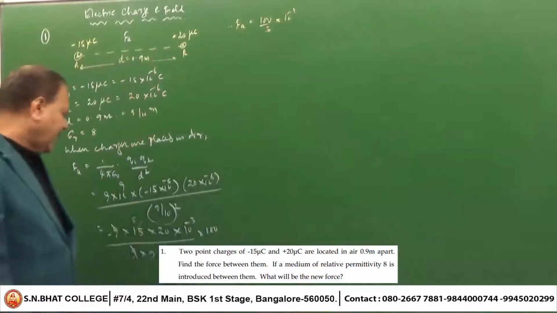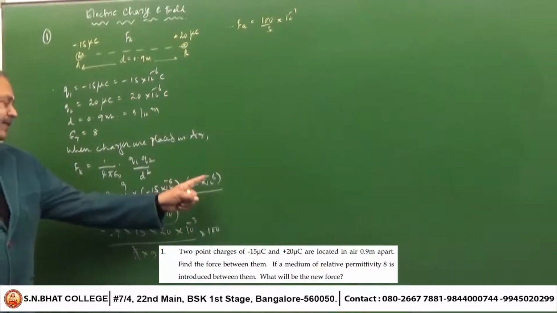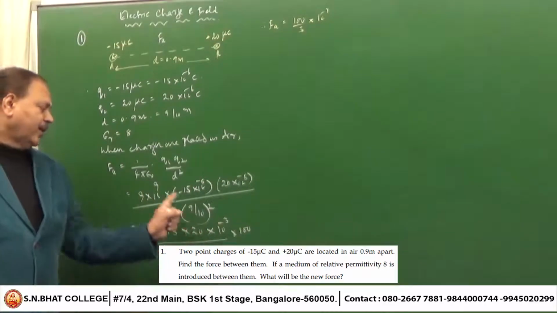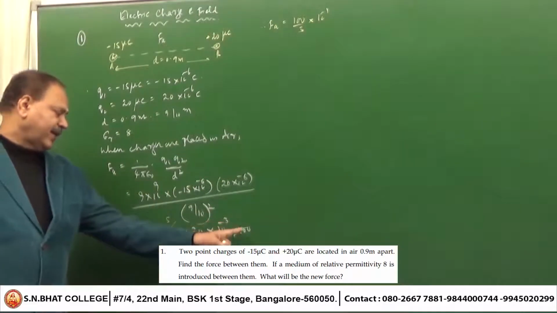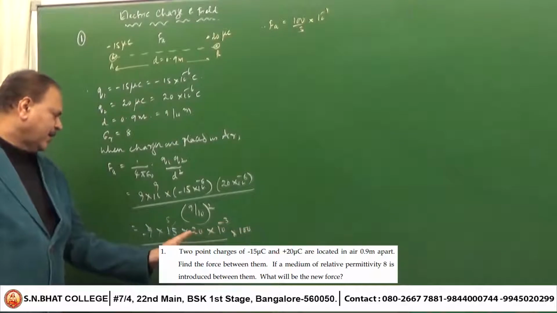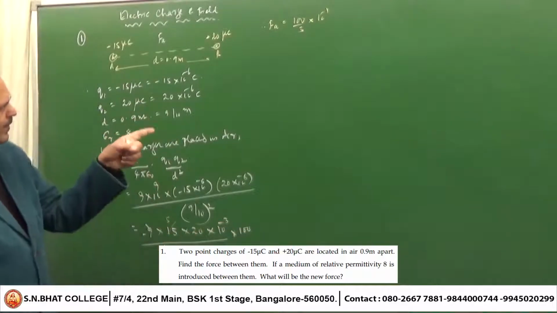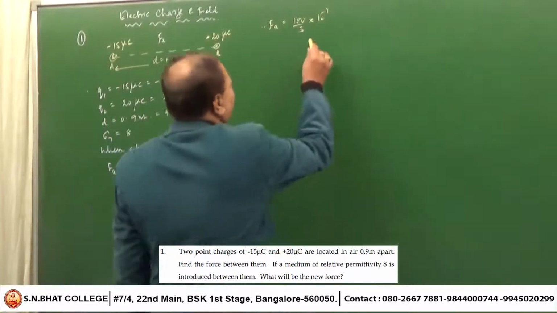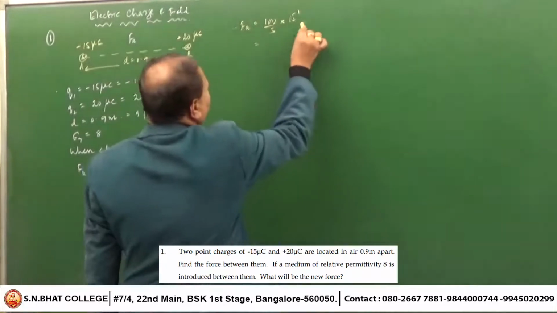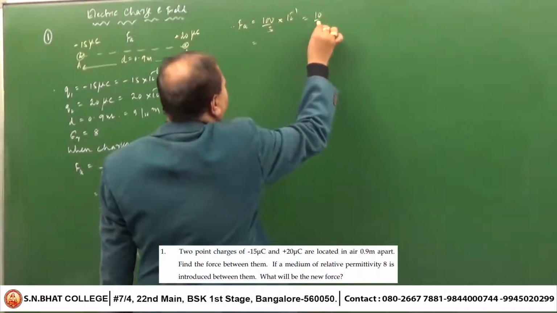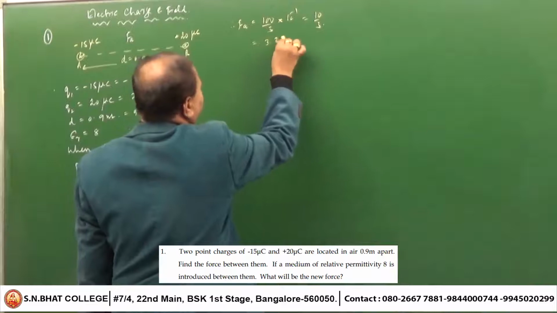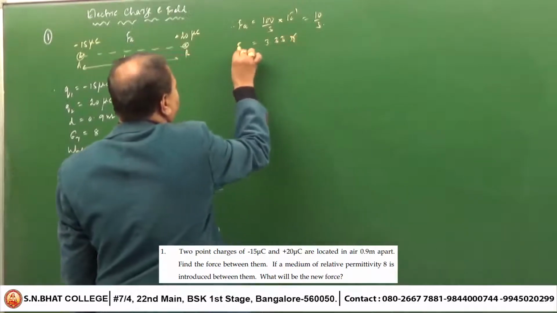Remember that: it is minus 6, plus 9, and minus 3 in the power of 10. You are getting 100 by 3 and it is 10 to the power minus 1. Finally, you will get 10 by 3, which means 3.33 Newton. This is the force in air.